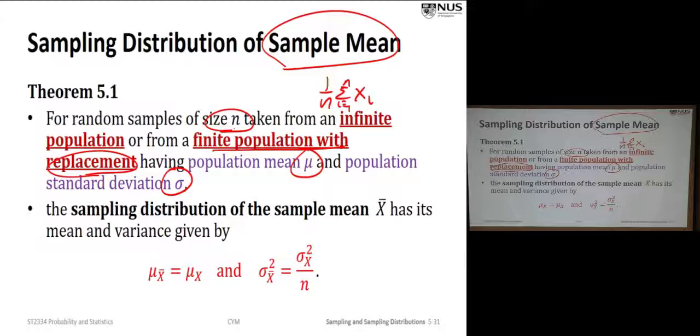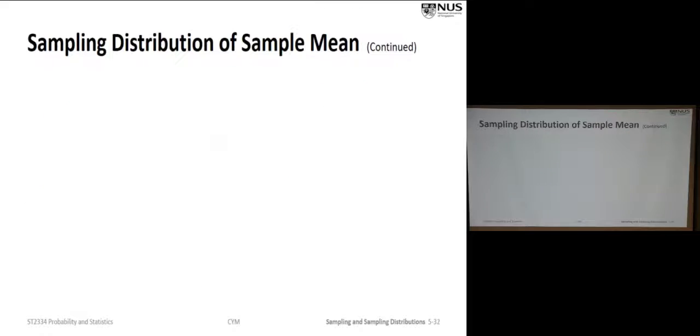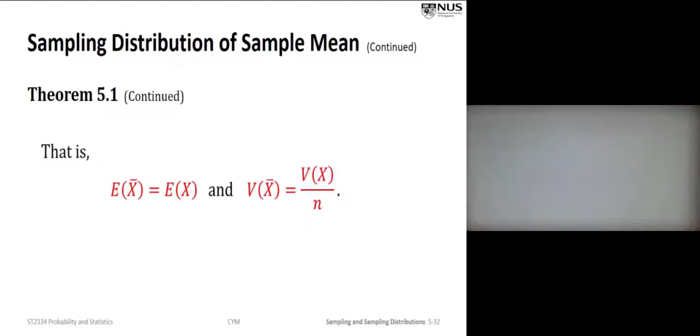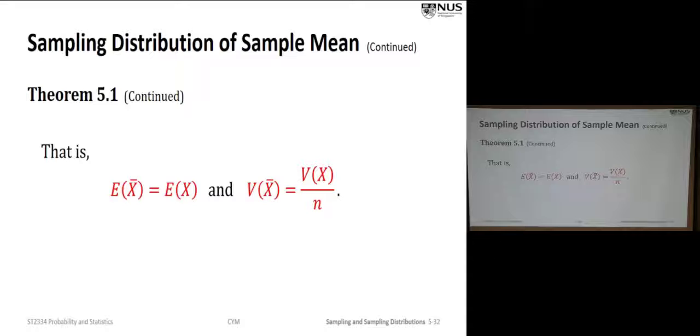That means you have to get many samples, and out of these samples you calculate x bar for each sample, and then the average of all these x bar will be the same as the expectation of x. Similar for the variance. So this is what it means if you don't get the notation.